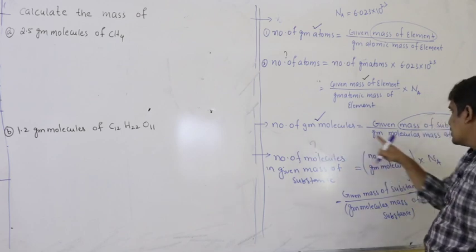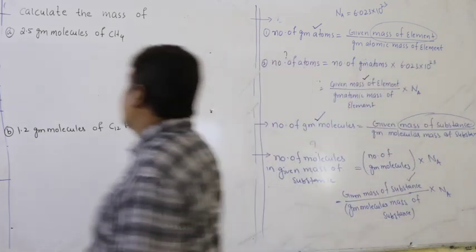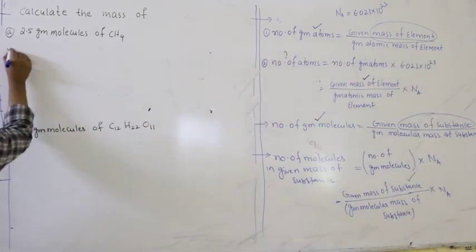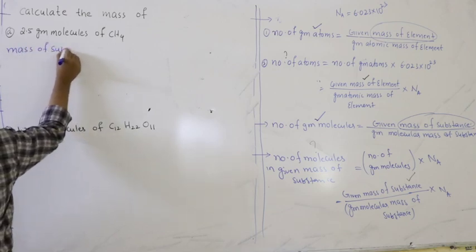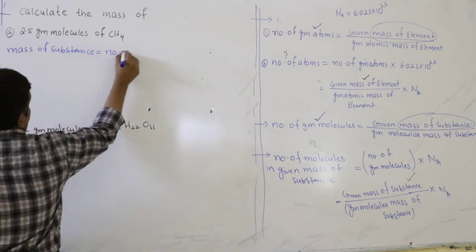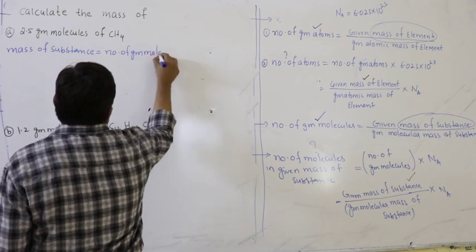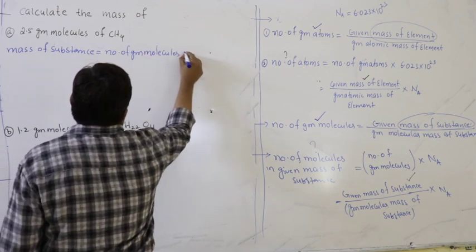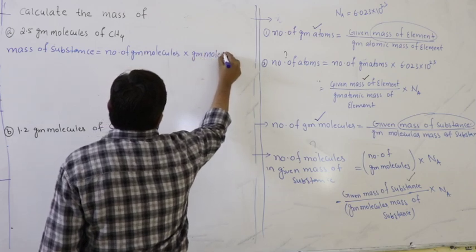Number of gram molecules into gram molecular mass of the substance. That is the formula, right? So mass of the substance or compound is equal to number of gram molecules into gram molecular mass of the substance.